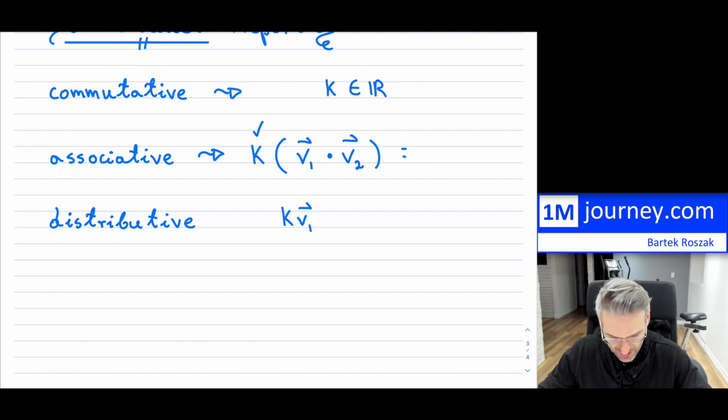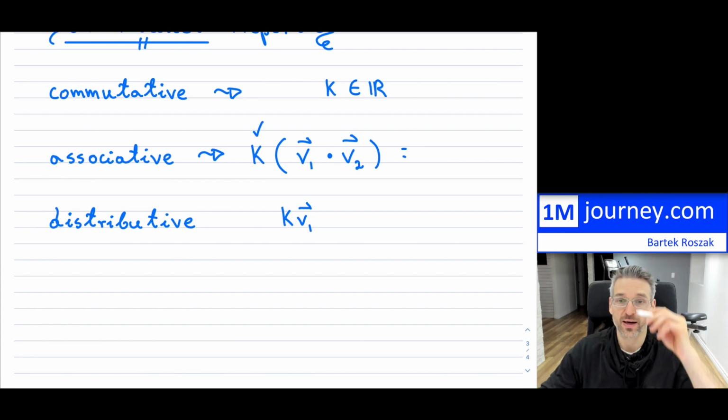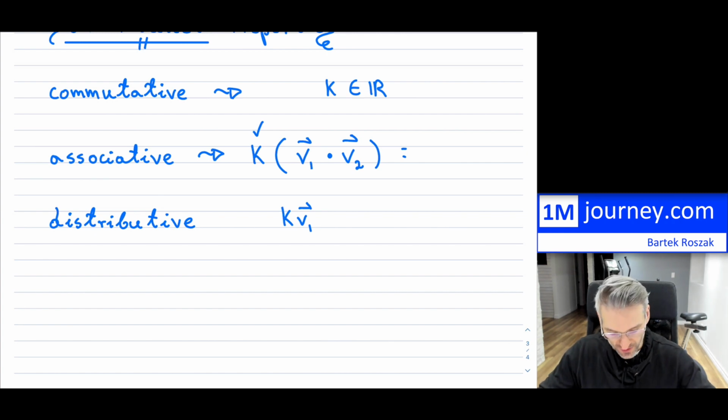So this is not the distributive property. You're not multiplying each of the vectors, because this is not addition. It's a little bit different. This is actually the association.